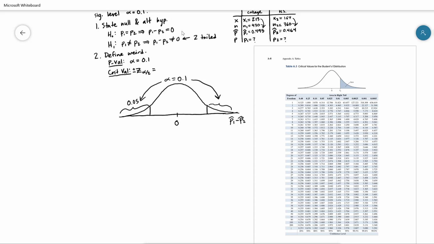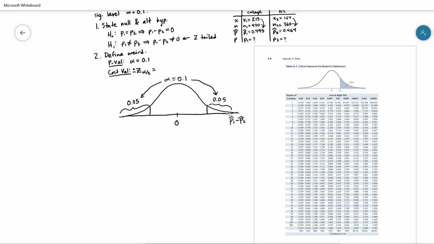Each of these is 5% of the area, for a grand total of 10% when you add them up together.